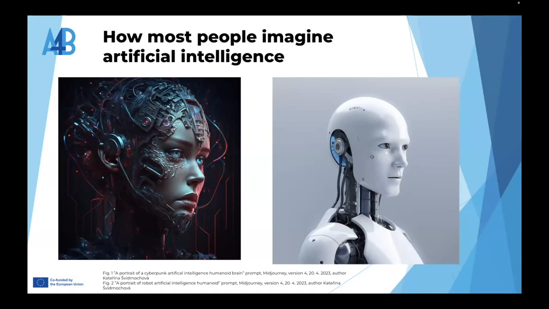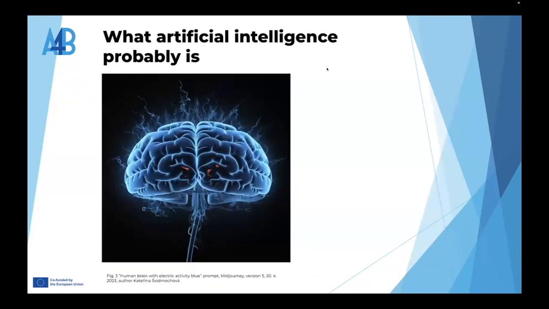So yeah, but what artificial intelligence probably is, is the brain. Or the human brain. It's a little bit scary, but on the other hand, it's really fascinating how AI works.